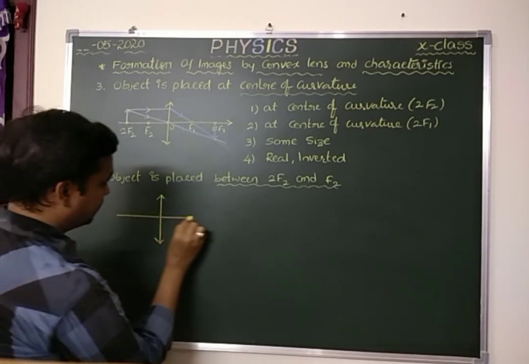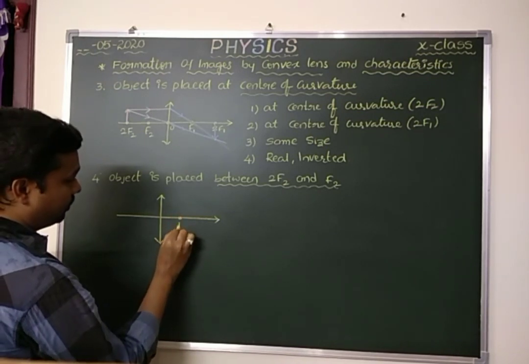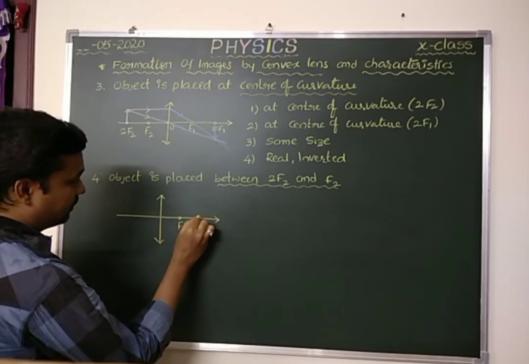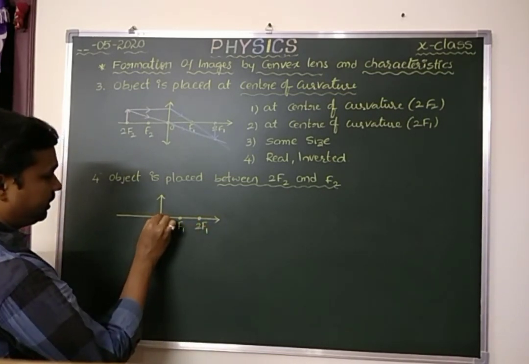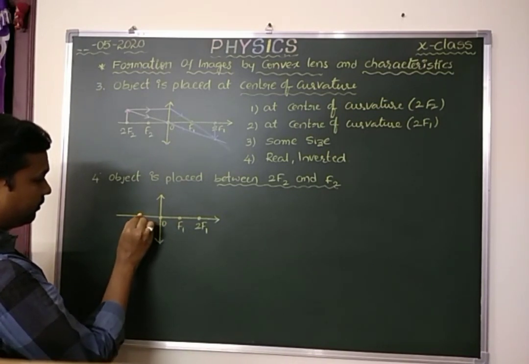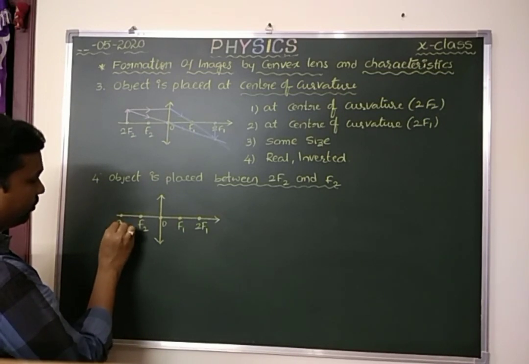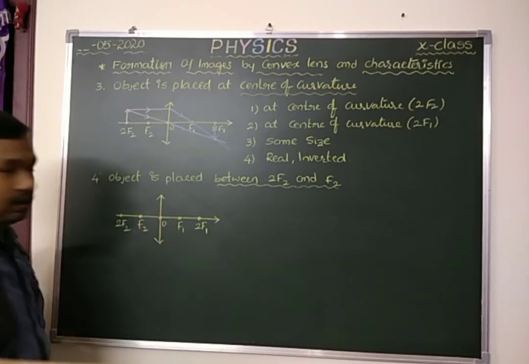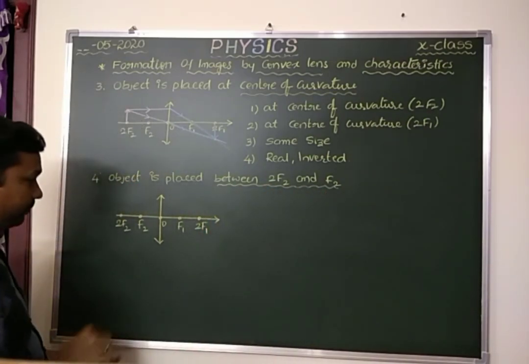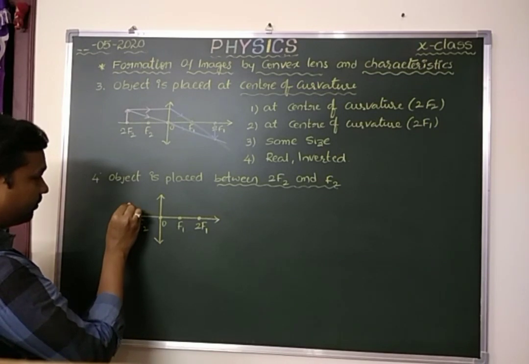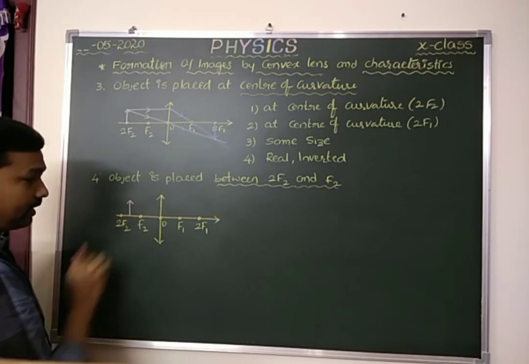Principal axis, focus point, center of curvature point, optic center, focus again, 2F2. Right now the object is placed between 2F2 and F2. This is the object position between 2F2 and F2.